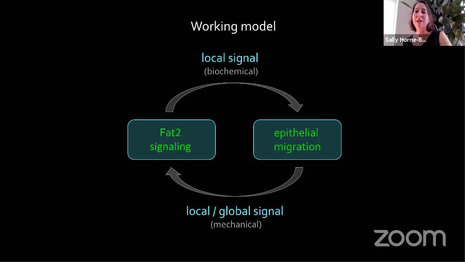Because as new FAT2 protein is produced and moved to the cell surface, it's brought to the back, and that helps to keep this persistent motion going in one direction over the course of the 2 full days that this migration needs to happen in vivo. So we're really interested in testing this model going forward and understanding what it is mechanically about migration that is ultimately localizing FAT2 to the trailing edge.